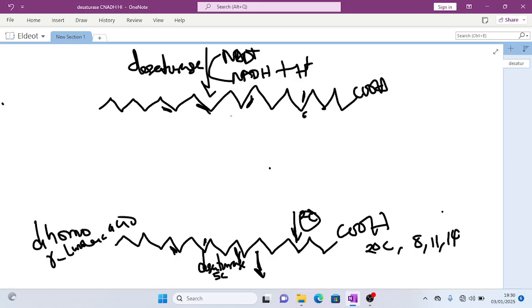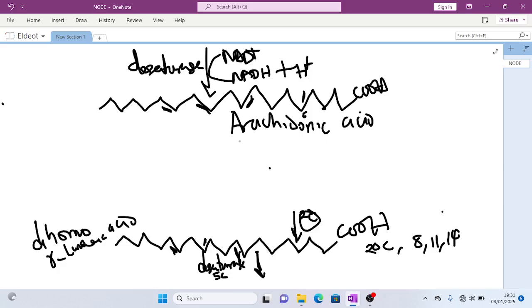So this compound formed is our arachidonic acid, which is the primary precursor for the biosynthesis of prostanoids.